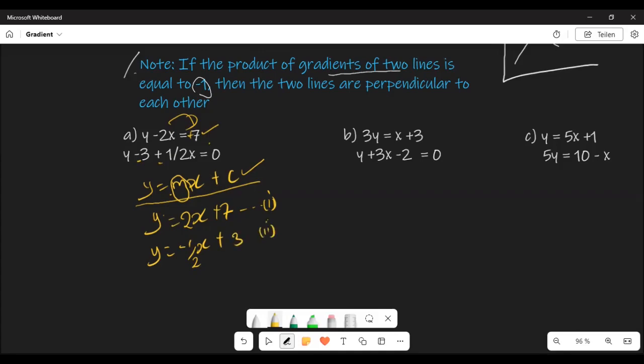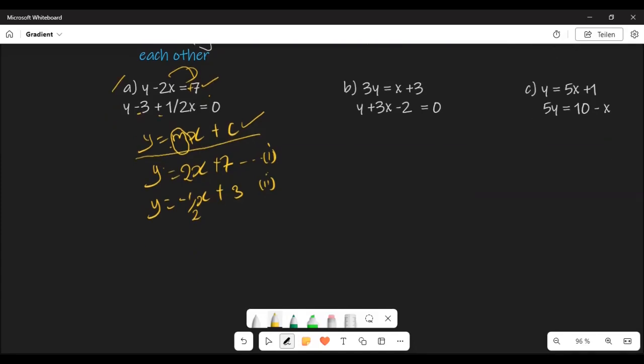Now we want to check whether these two lines are perpendicular to each other. It's easy. We're only going to take the gradients and multiply. If we get an answer of -1, then they're perpendicular. The gradients, like I said, are the m here.